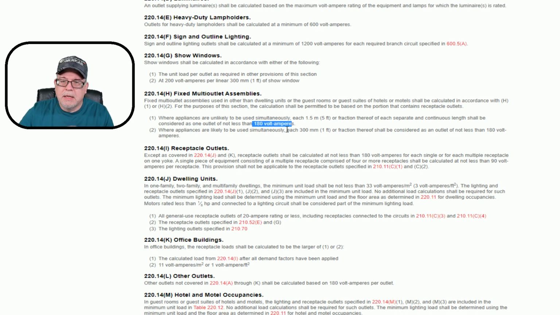Good thing, right? So in this case, it is considered 180 VA for every 5 foot section or fraction thereof. So if I have a 5 foot, a 5 foot, a 5 foot, and a 3 foot section, it is still 180 VA for that 3 foot section. You with me? All right, so that's where we're going to get that.